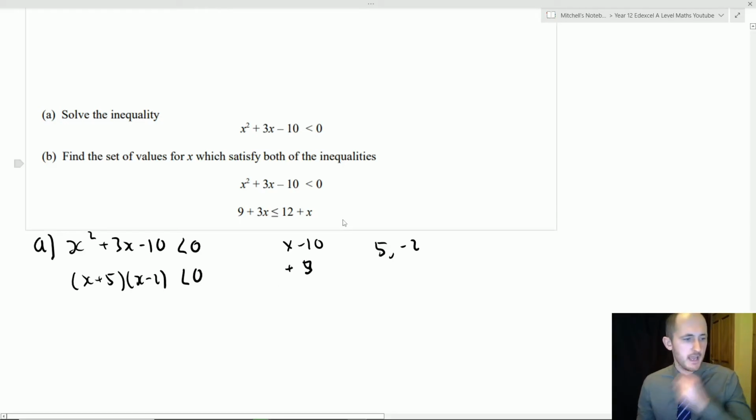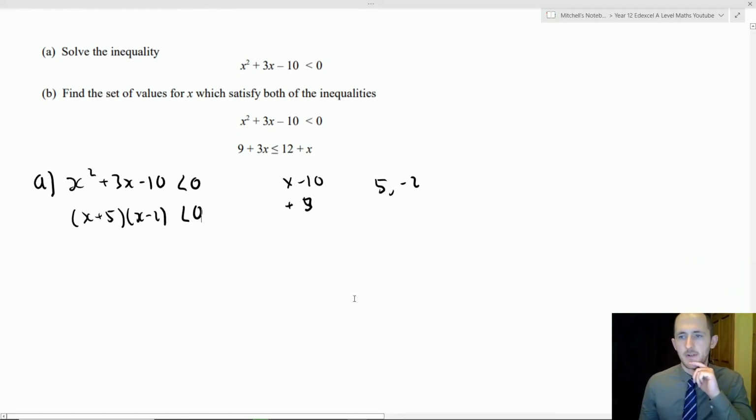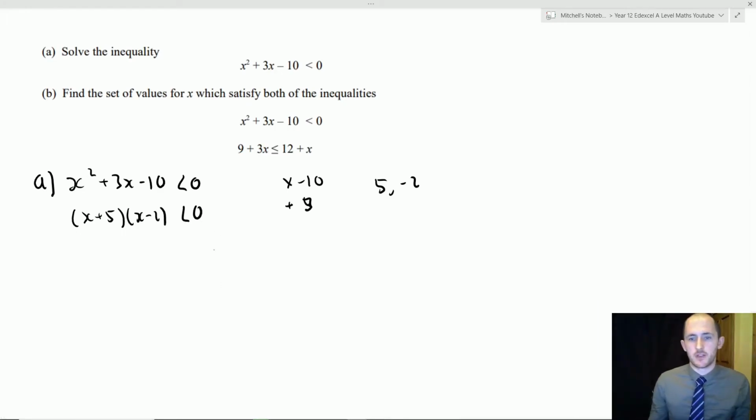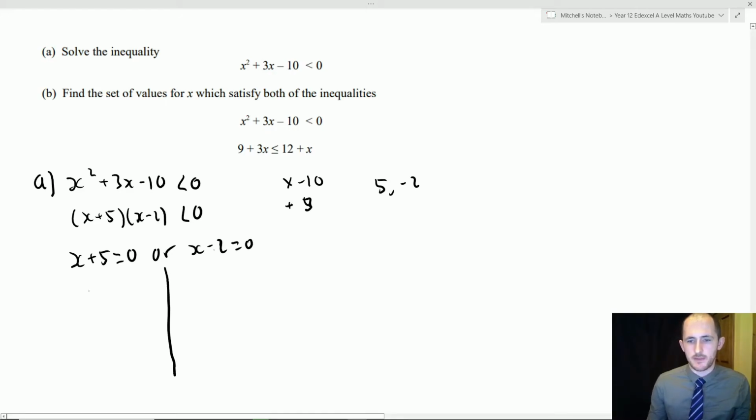Okay? And what we have to think about now is we're going to solve it as if it said equals 0. So to do that, we would have x plus 5 equals 0, or x minus 2 equals 0. So that means x is minus 5, or x is positive 2. Right?